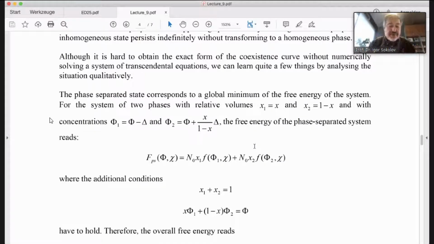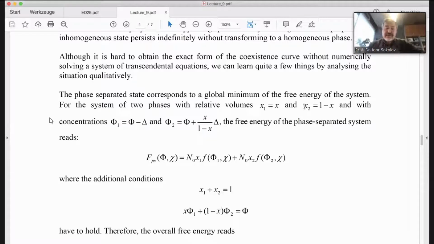However, you have two conservation laws. The total volume is conserved. You still have the same vessel. And the total number of monomers is conserved, and also the total number of solvent molecules is conserved, because the molecules do not disappear anywhere. And now you have two parameters. X is the part of volume occupied by one phase.